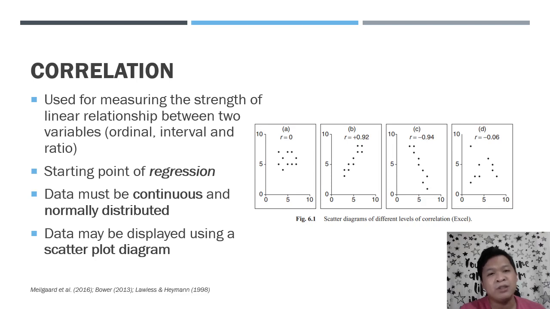For example, is there a correlation between the mean hedonic rating and the age of the panelists? Is this drink more liked by younger individuals or the older individuals? Something like that.